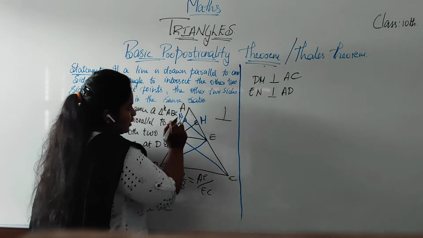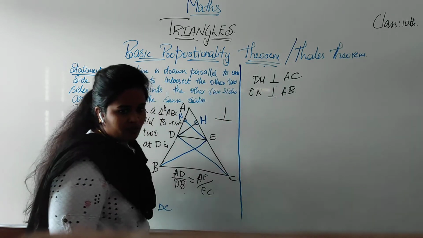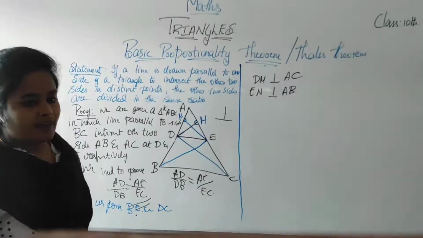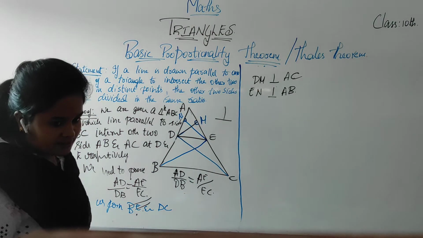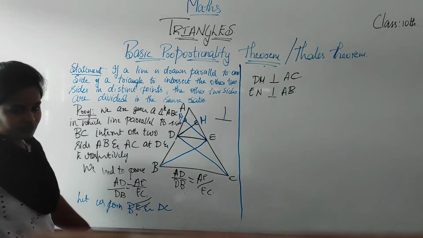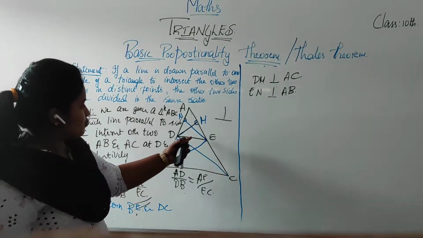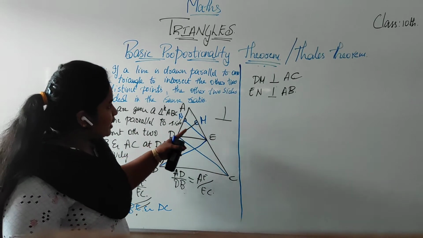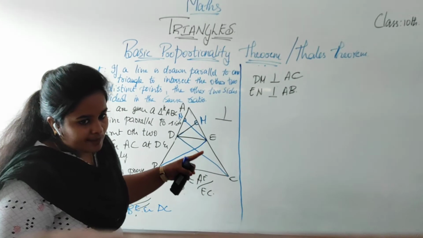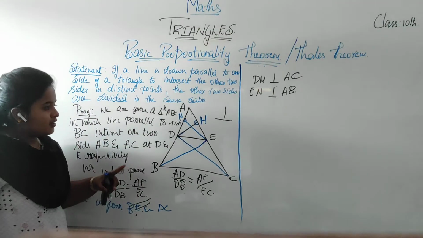So again EN is perpendicular to AB. So this is a construction to be done. Initially we need to join these two points and mark one more point and join. So here DM is perpendicular to AC and EN is perpendicular to AB.